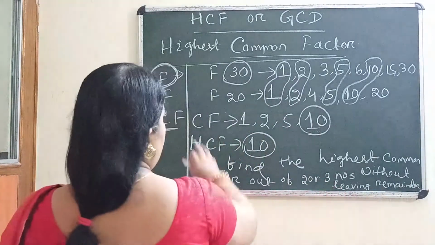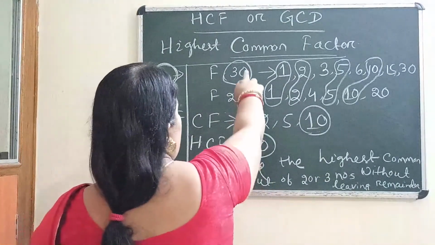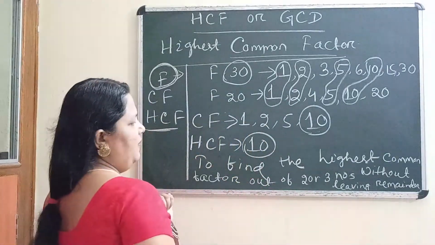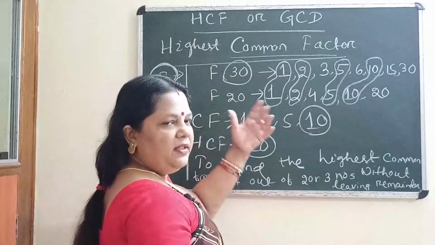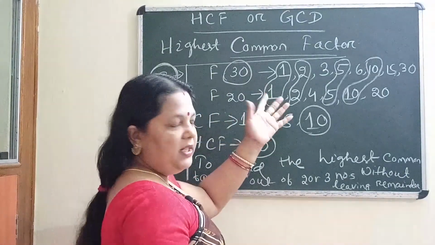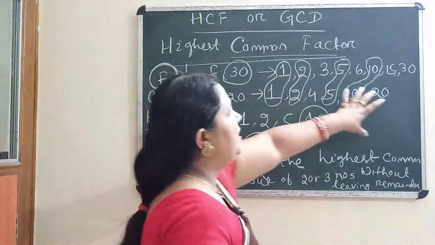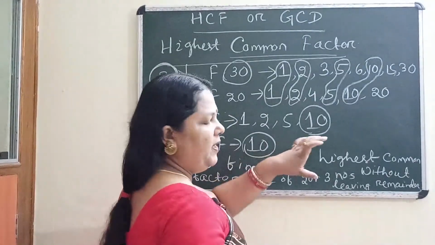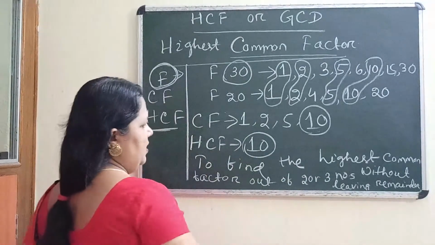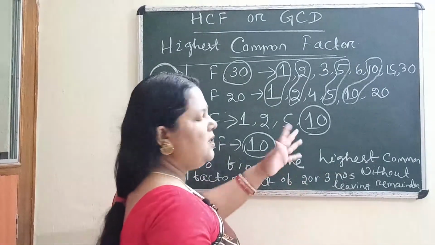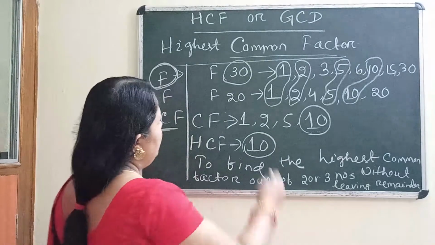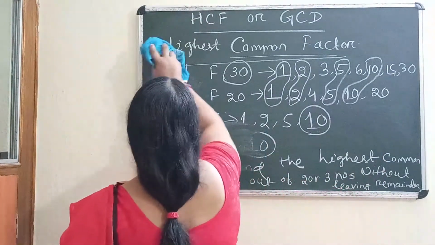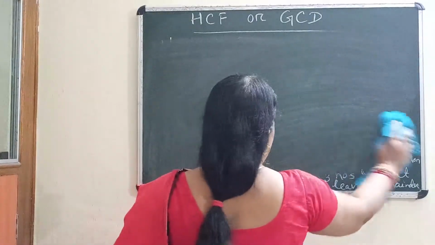Okay. So to find it for 2 or more numbers, I have taken 2 numbers and we got the factors, then the common factors, then the highest common factor. So we can take 3 numbers or more than 3 numbers. Out of that we can find all the factors, then we will choose the common factors, then we will find the highest common factor. Without leaving a remainder means what? It's completely divisible. Okay. So this is your process, highest common factor by factorization method.